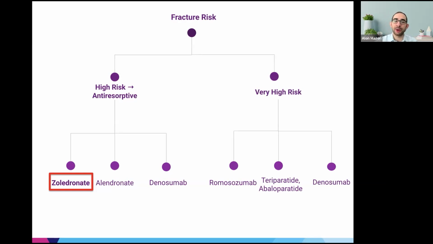Denosumab appears in both categories because of its very interesting properties that we discussed earlier. And if there is initial treatment with anabolic therapy, with romosozumab, teriparatide, or abaloparatide, it is crucial to consolidate those gains with subsequent anti-resorptive therapy.